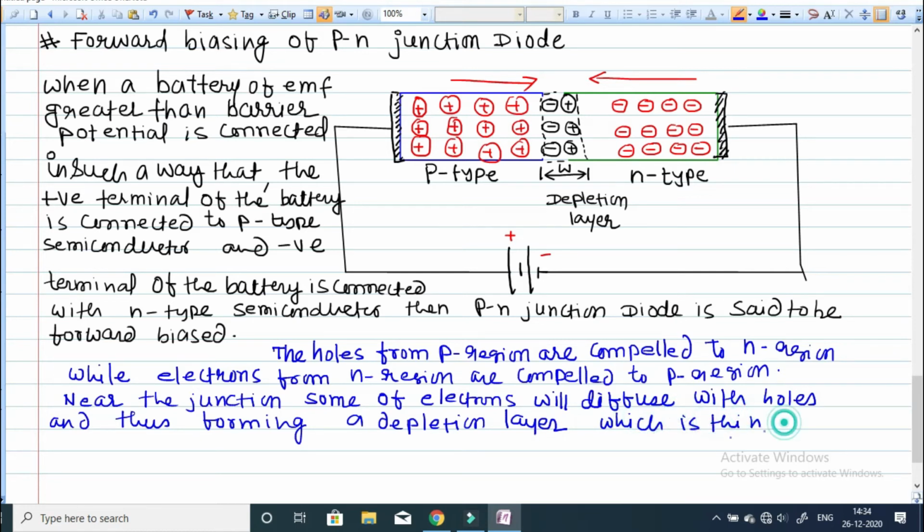Now since the path of the holes and the electrons is completed, holes and electrons now flow in a complete path and the diode will conduct.